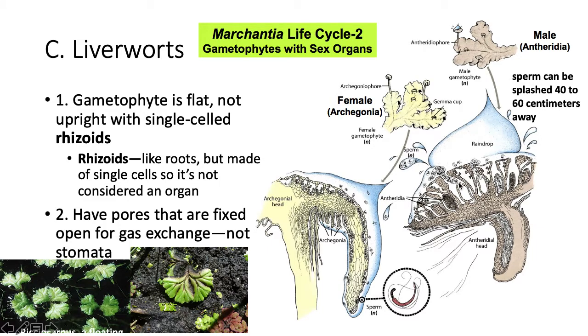You can see that the flagellated sperm get carried up with microsplashes, and they hopefully land on an archegonia head of the female part, and they will swim underneath to the archegonia underneath the archegonia head. Okay, so here's the male gametophyte, the female gametophyte. Through raindrops, they make the jump and swim.